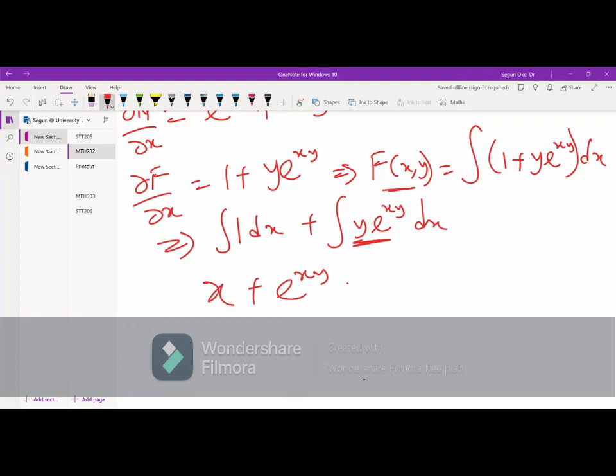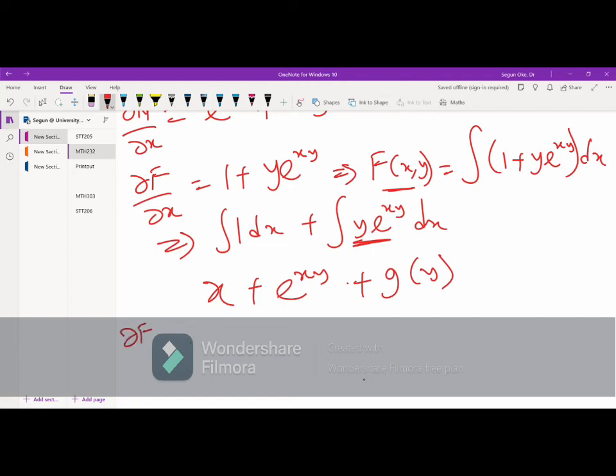No, sir. So when you integrate very well, you are going to have exponential xy and plus g of y. Remember, we are integrating with x, so we are going to have something similar like this.